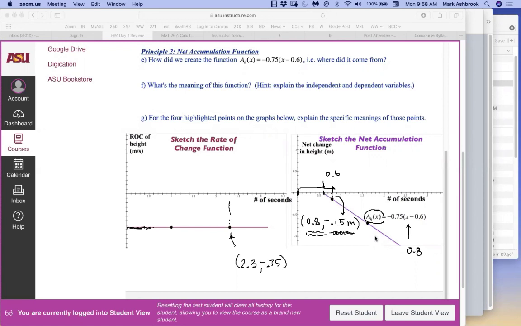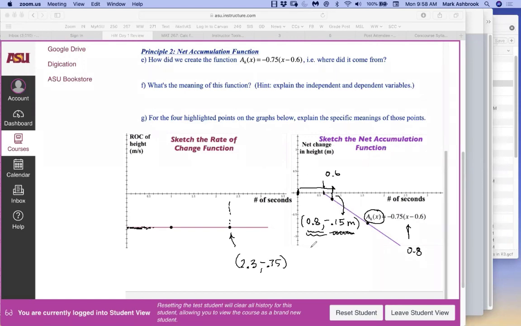Does that clear it up? Yes, so you're starting to track the difference in height after 0.6 seconds. That's what this function does. Because we have the x minus 0.6, our change in x is always starting from 0.6 seconds. So that's what the result of the function will give. But the independent variable is the time since we started lowering it.